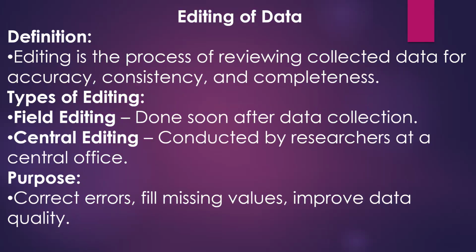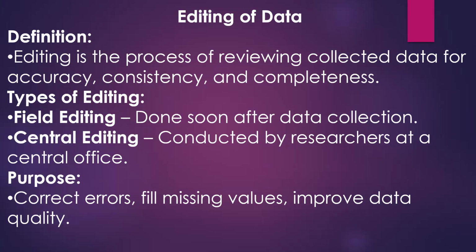Editing of data. The first step in data processing is editing, where we review the data collected to correct errors and fill in any missing information. It involves two types of data editing. The first one is field editing and the next one is central editing.